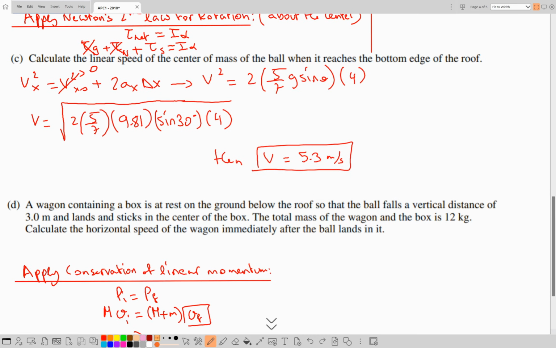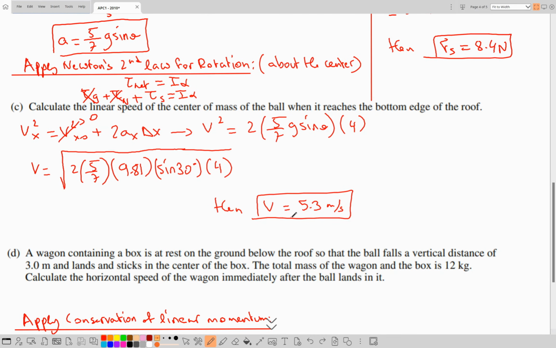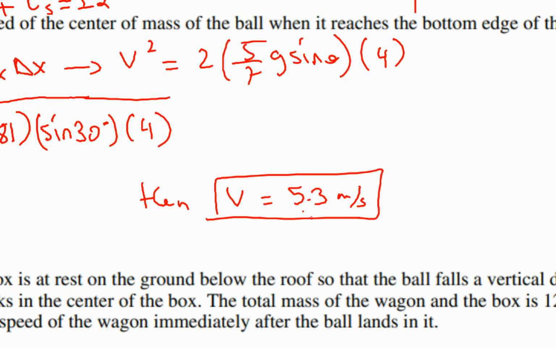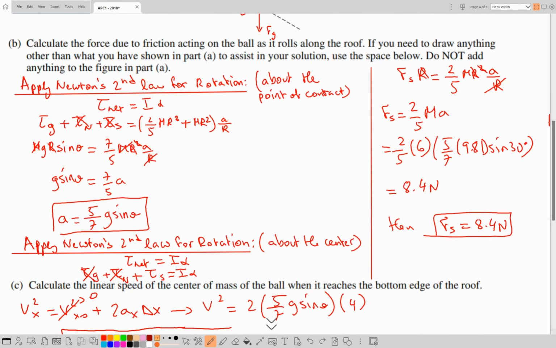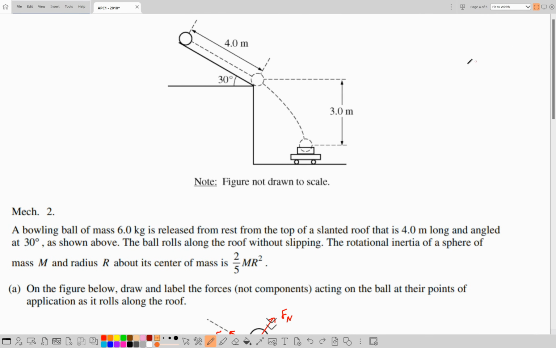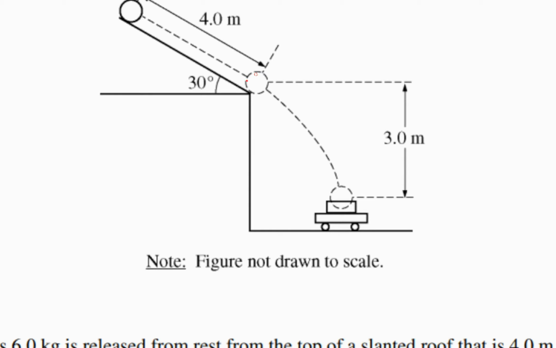Now the sphere at the bottom of the roof has a speed of 5.3 meters per second, but here notice carefully that we have an angle with the bottom of the roof with the horizontal. So the velocity here, if you need to represent it, would be something like that, which has a horizontal component and a vertical component, and the value of the velocity is given by 5.3 meters per second.